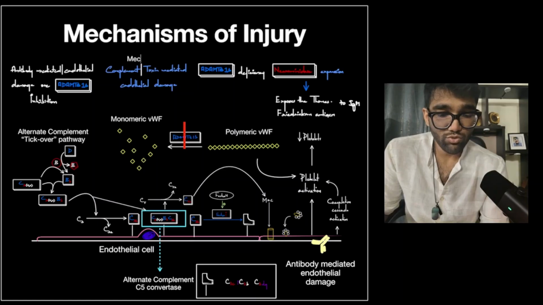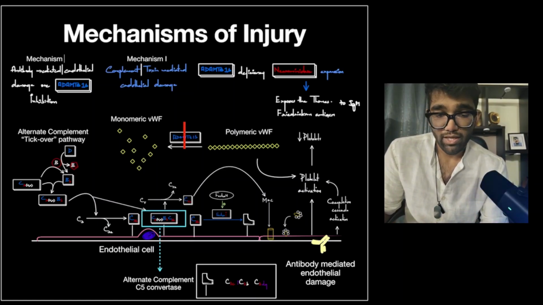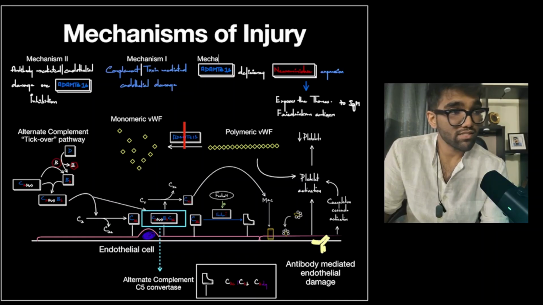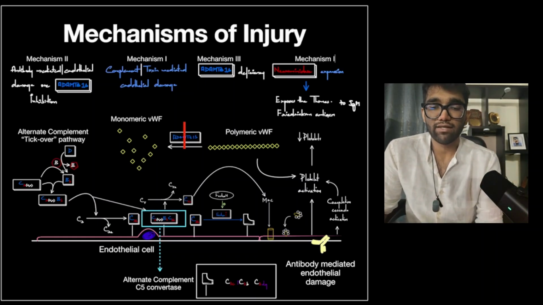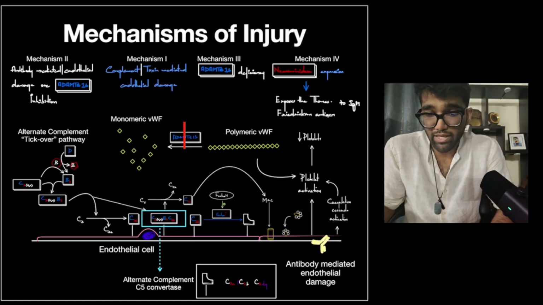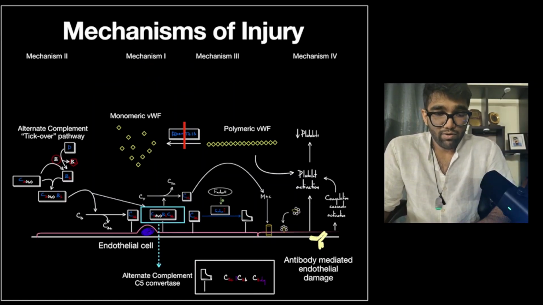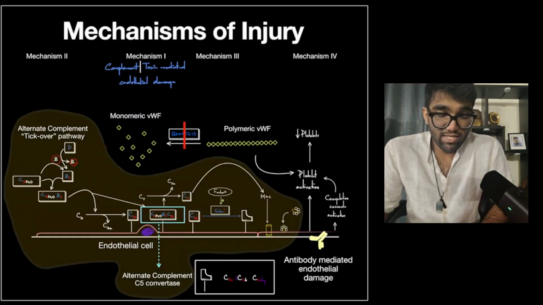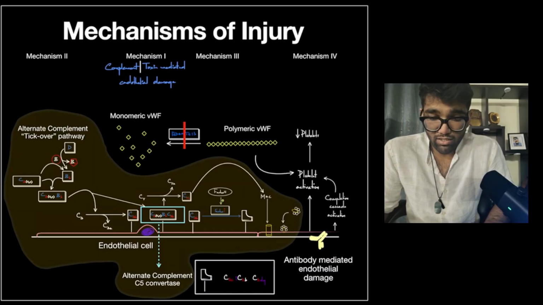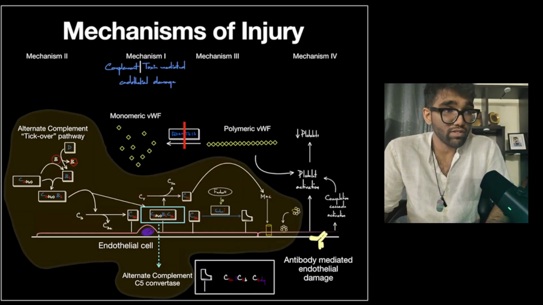Okay, so we'll call this mechanism 1, we'll call this mechanism 2, and we'll call ADAMTS13 deficiency mechanism 3 and neuraminidase expression by an infective agent as mechanism 4. Okay. Now, as you can obviously see, this is mechanism 1. Okay, that is alternate complement activation, and this is happening because there are genetic mutations resulting in decrease in the expression of the proteins that regulate the alternate complement pathway.